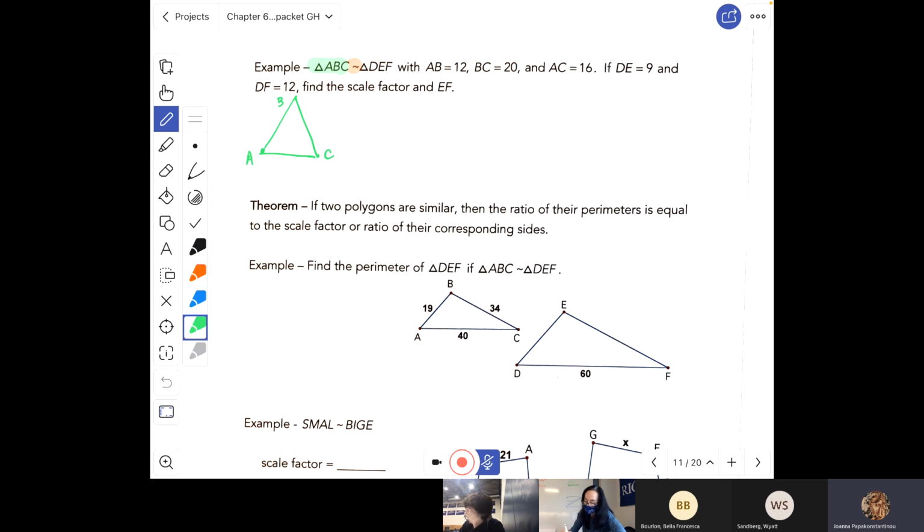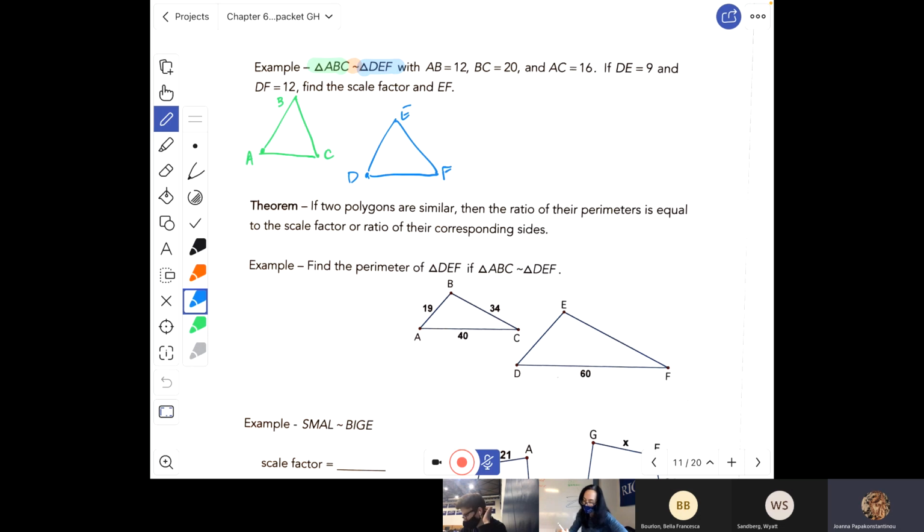That is similar to triangle DEF. So I have to start here, D, E, F. So I've drawn my 2 corresponding, similar triangles.